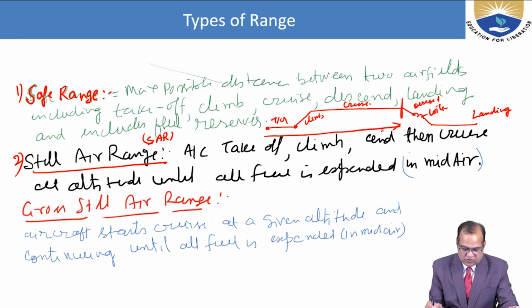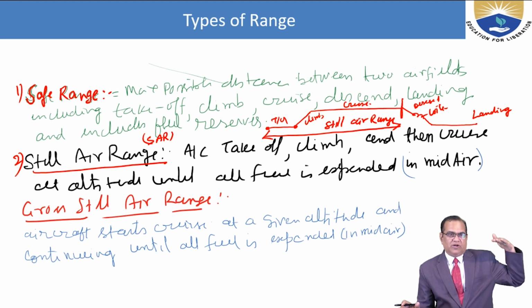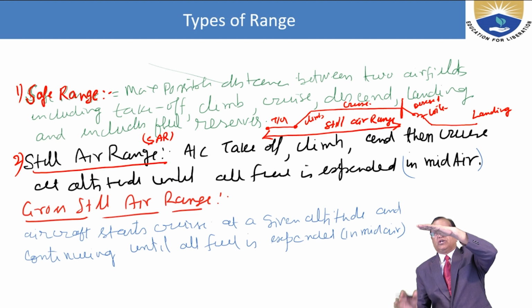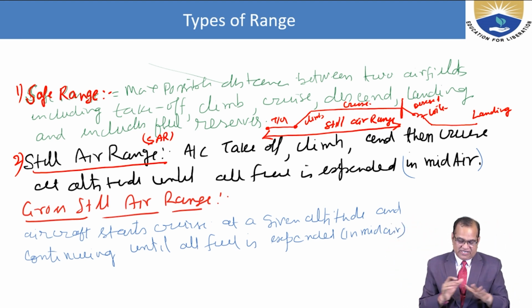This is your still air range. Descent and landing are not there. Up to the runway it is taking off, climb, cruise. So how much distance it can go in the cruise by the given amount of fuel, that is called the still air range.